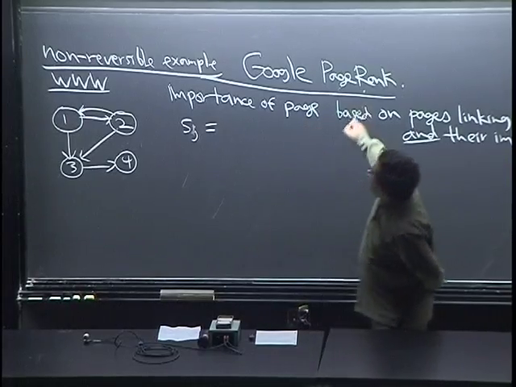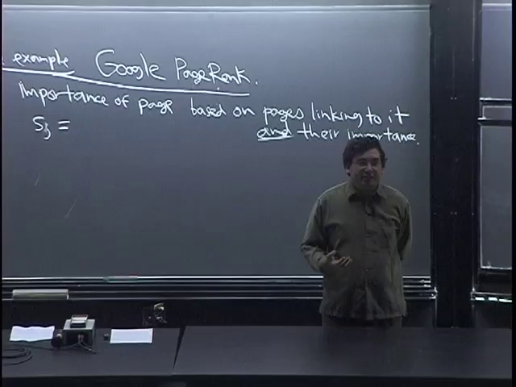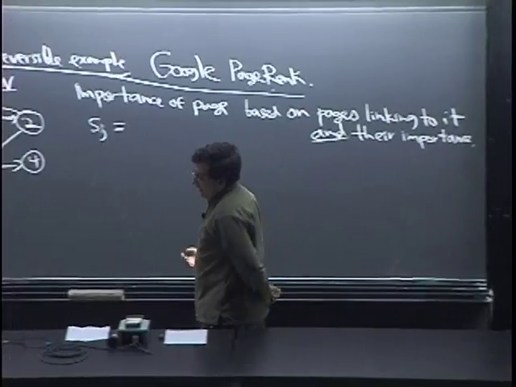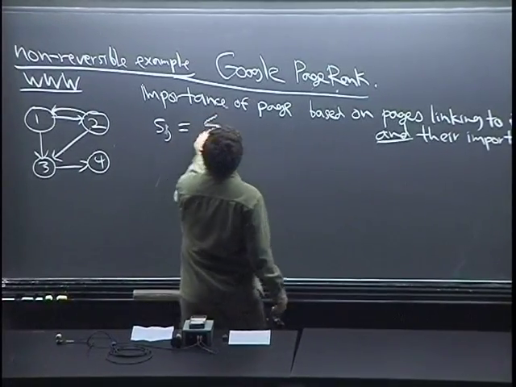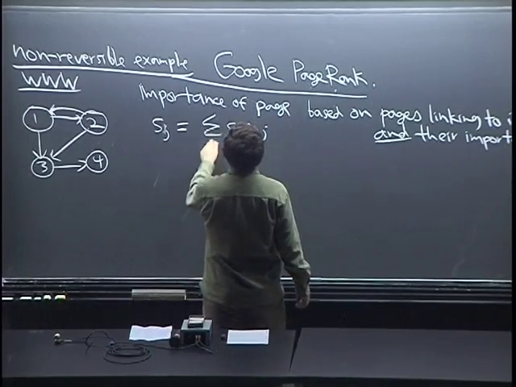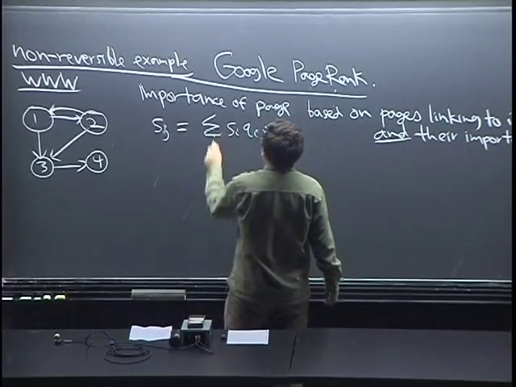And so Brin and Page defined, they said, we want to give each page a score such that S_j equals the sum of S_i Q_ij, and I'll tell you what Q_ij is, summed over all i.